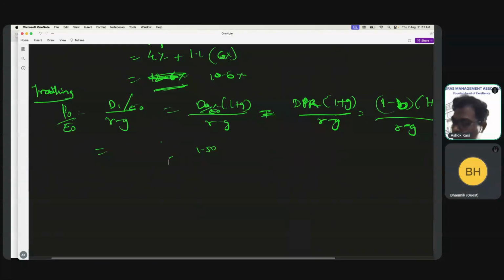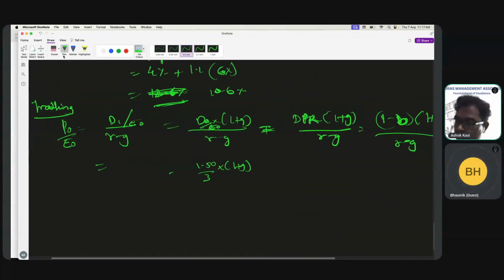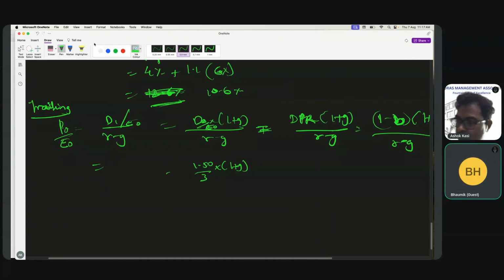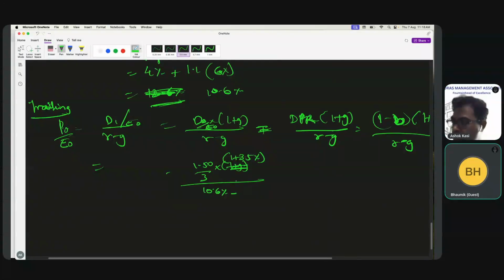So 1.50 is the dividend, divided by earnings 3, the payout ratio, into 1 plus G. Growth is also given, 3.5 percent, divided by R minus G. R is 10.6 percent minus G is 3.5.